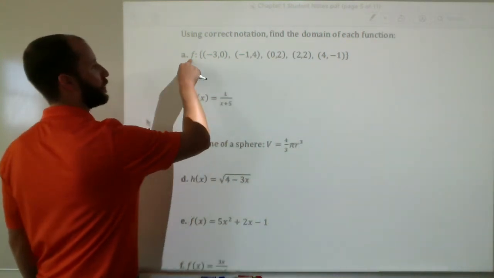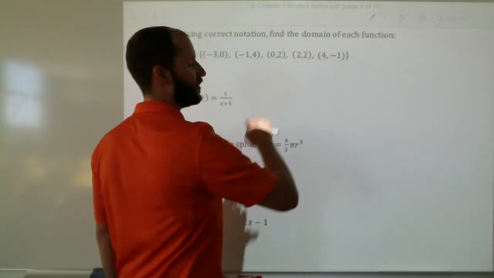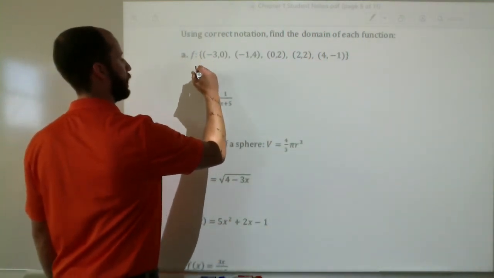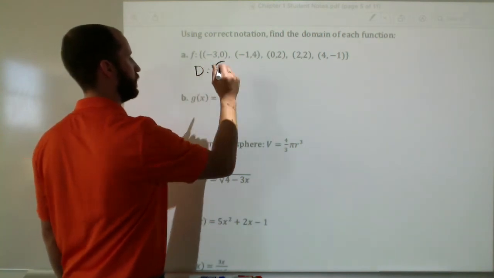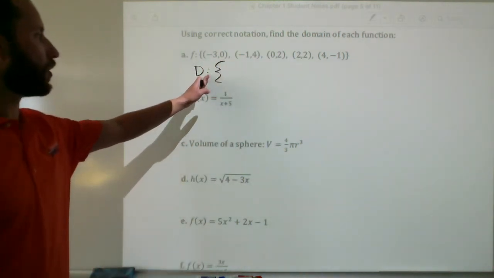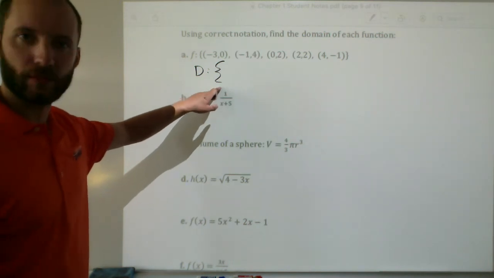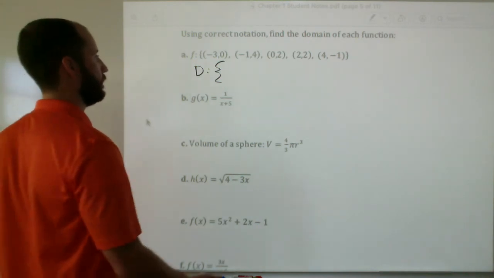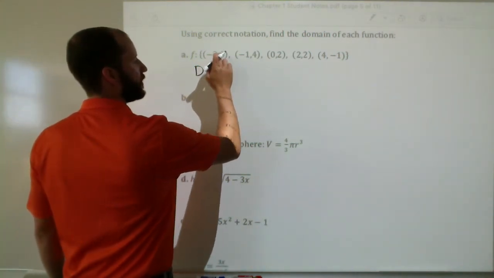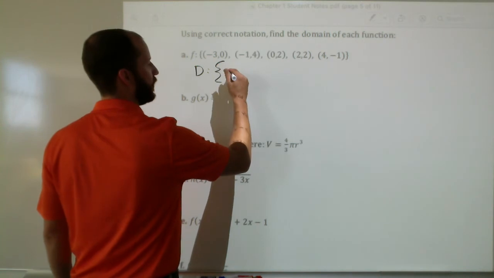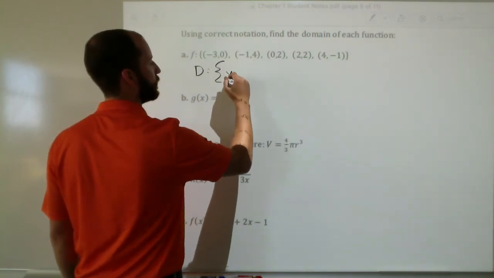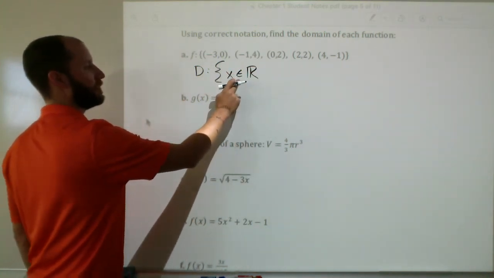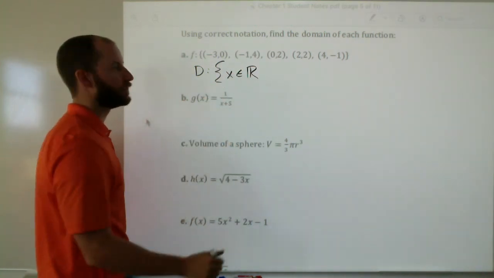So in this case here, our function f is 5 discrete ordered pairs, okay? So our domain, so D colon squiggly bracket. That's function set notation, all right? So these first ordered pairs, they're x values, and they seem to be from the real number system. So x is an element of the real number system.